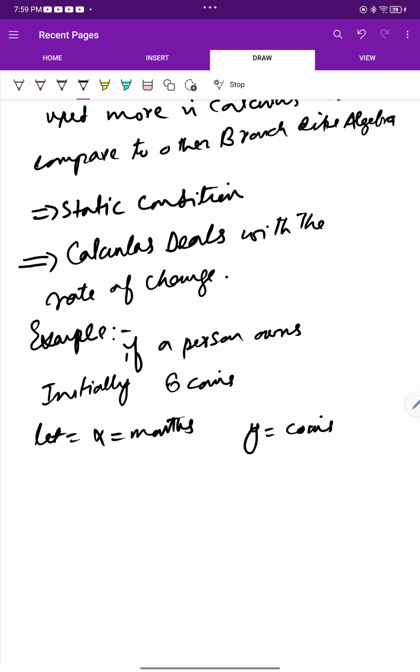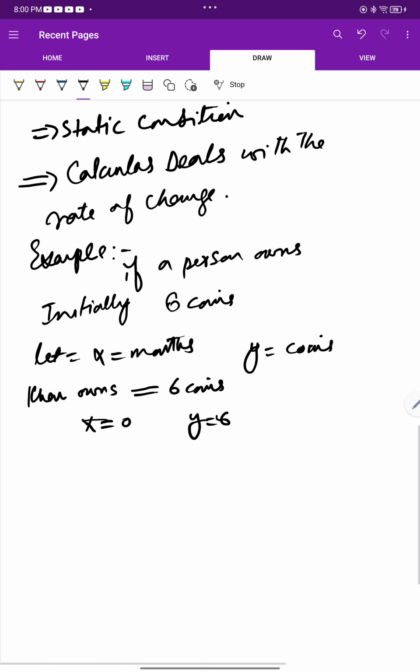So initially, let's say I own six coins, any coins, crypto coins or whatever. So x is equal to 0, because it starts now, and I have 6, y is equal to 6.